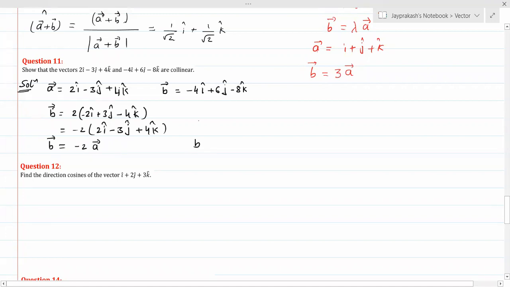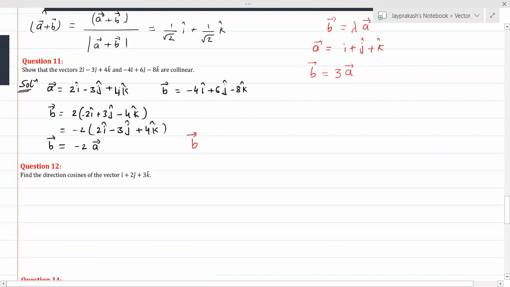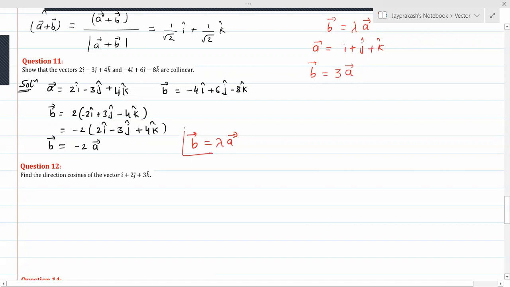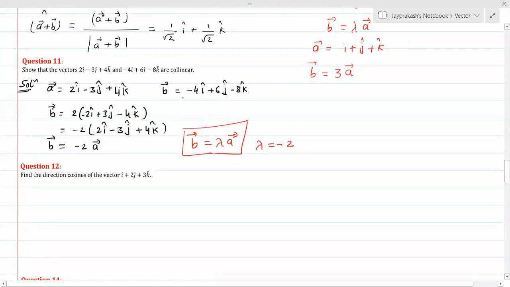So we get vector B equals lambda vector A, where the value of lambda is minus 2. So we can say that the given vectors are collinear.